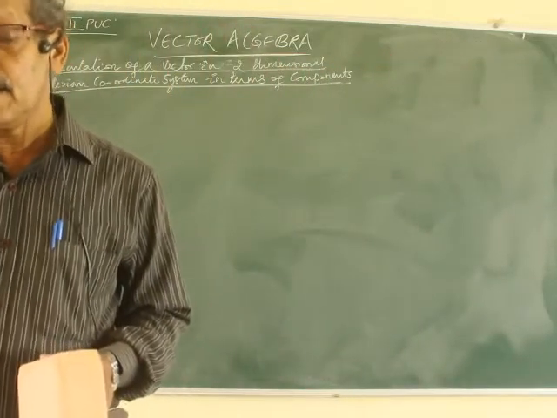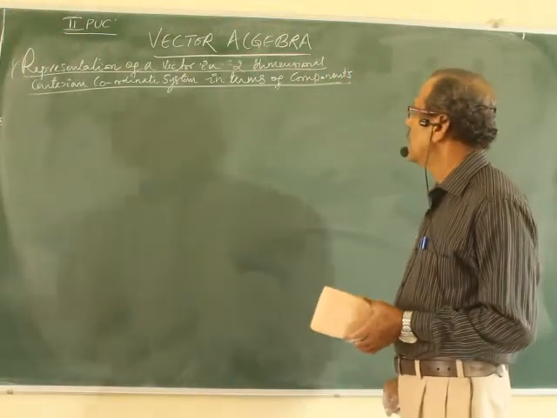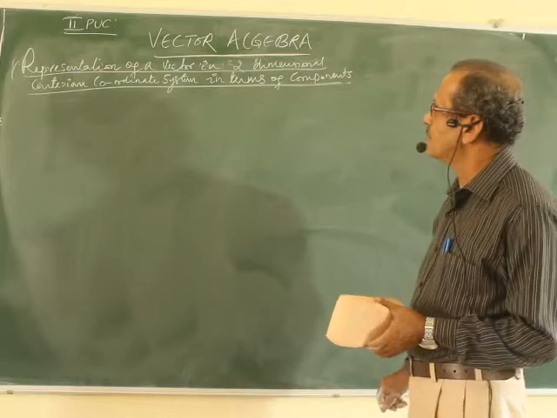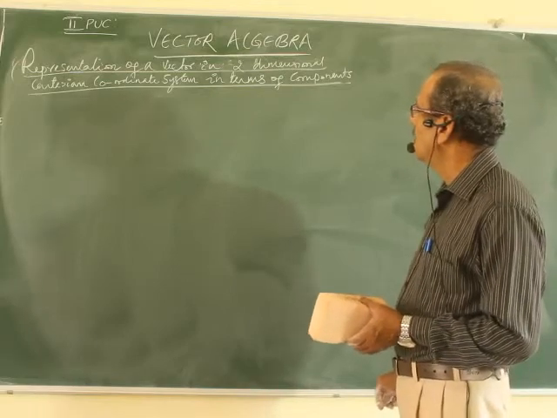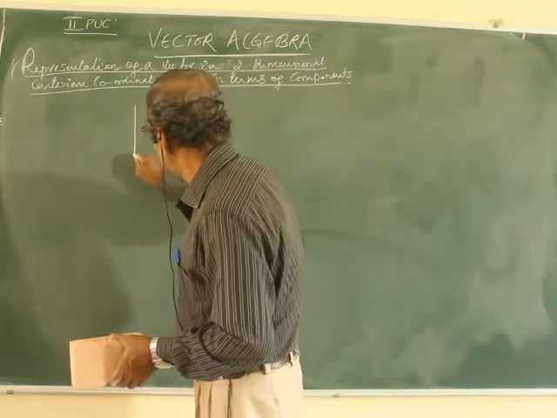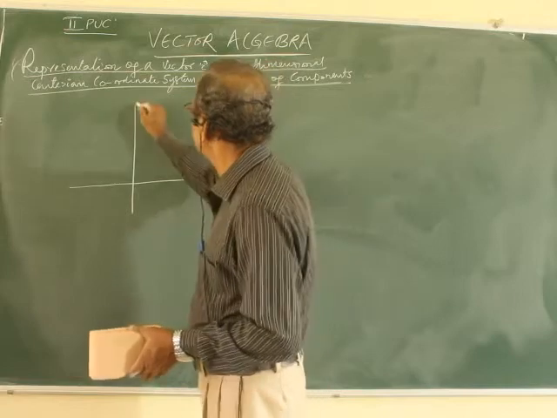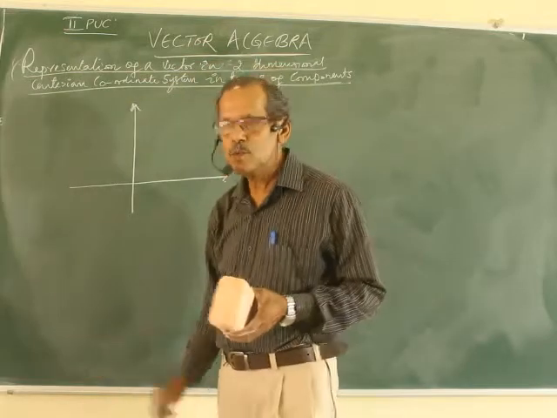Representation of the vector in two-dimensional Cartesian coordinate system. Again, in terms of components means what? See here carefully. Let me do it very slowly.